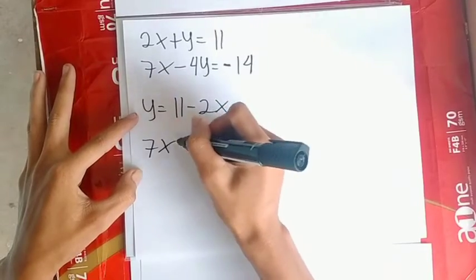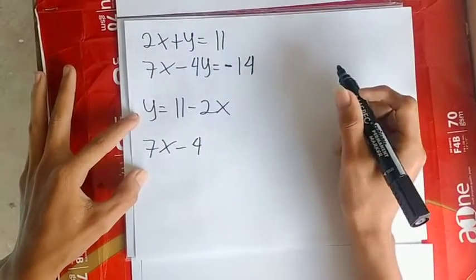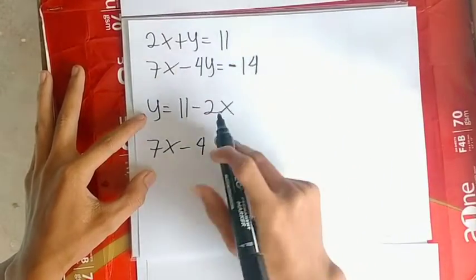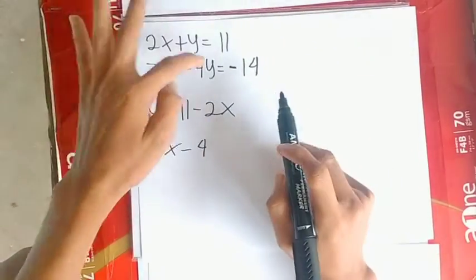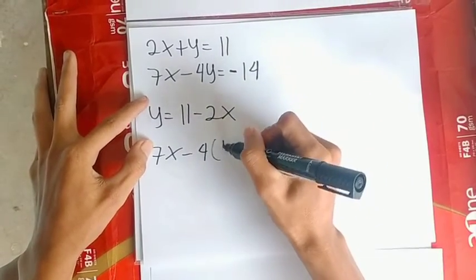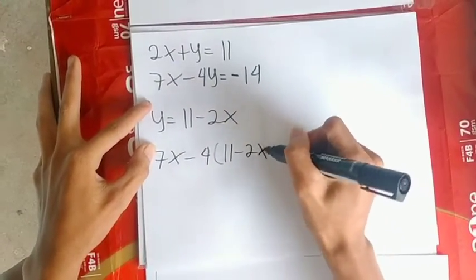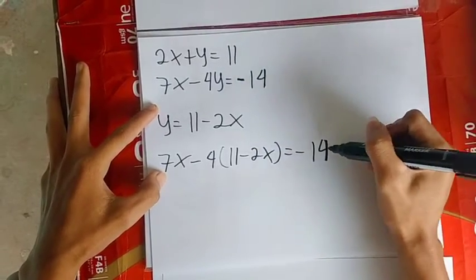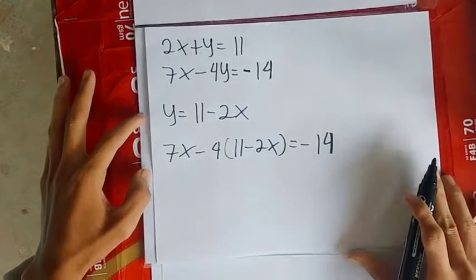Second step is substitute or plug in this expression into the other equation and solve. 7x minus 4, this is the second step. Instead of y, we need to put 11 minus 2x equals negative 14. That's the second step.